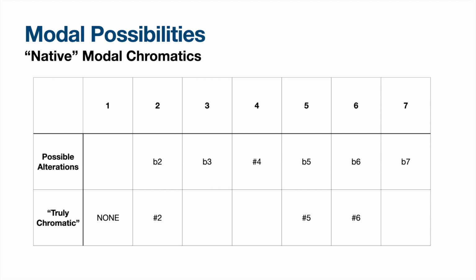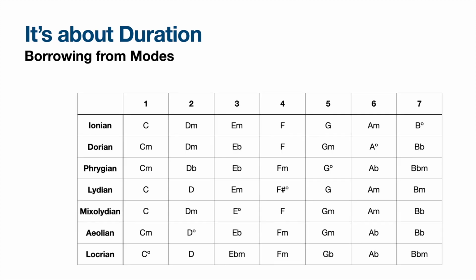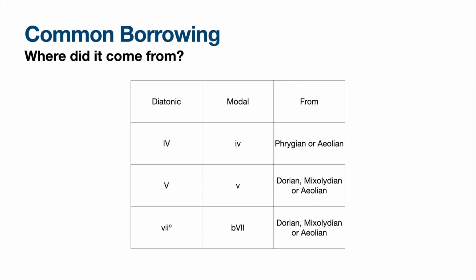Now, to distinguish which mode, sometimes you can't really know. But up here, not the flat 5, the minor 5 and the flat 7 could be from Dorian, Mixolydian, or Aeolian.